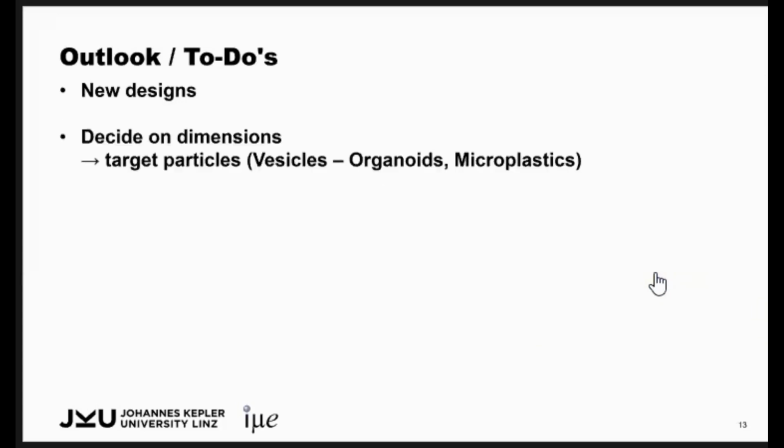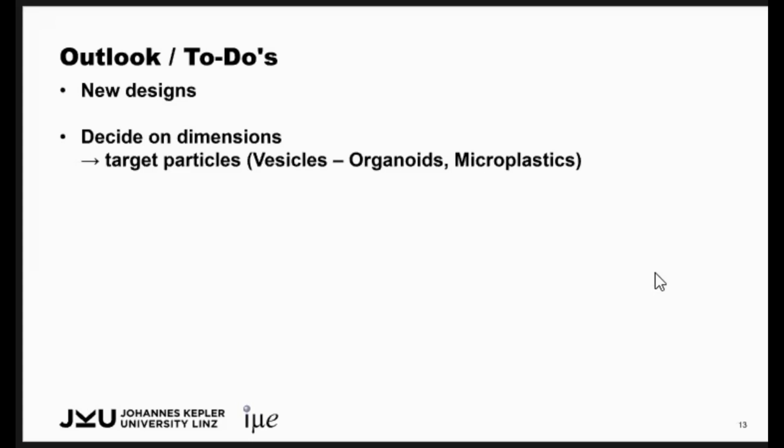So the outlook or to-dos for us is, maybe make new designs and decide on our dimensions depending on our target particles. So if we have small particles like cells, we need smaller structures so that we have a higher resonance frequency and thus a higher acoustic radiation force.